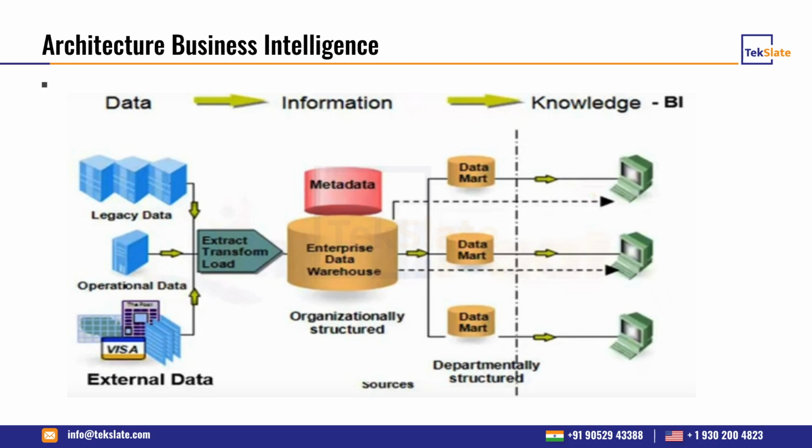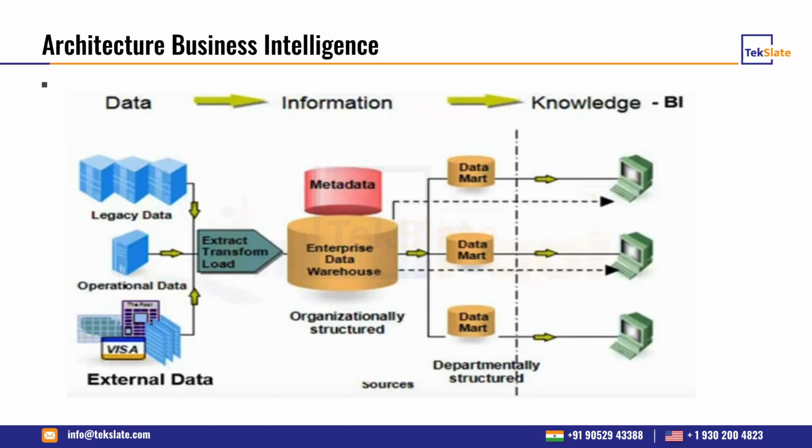It means if I need information on sales and marketing, that information is going to be stored in the data mart, or we can create a data mart which will fetch only sales and marketing data. We can create a data mart which fetches only production related data, and so on as per the departmental structure.